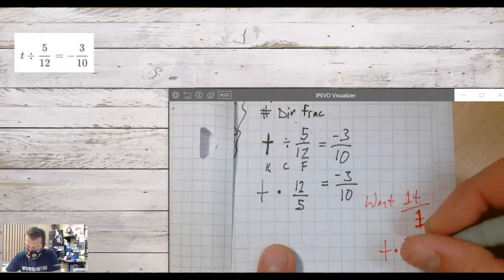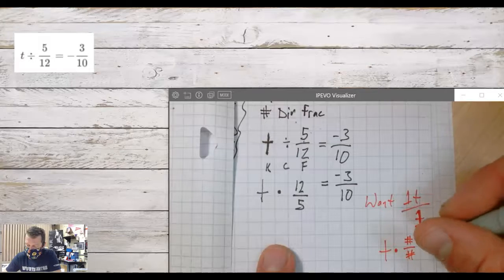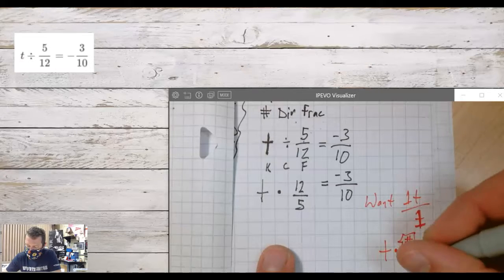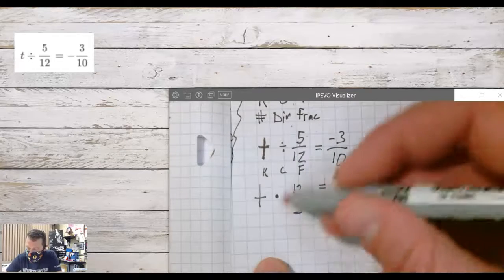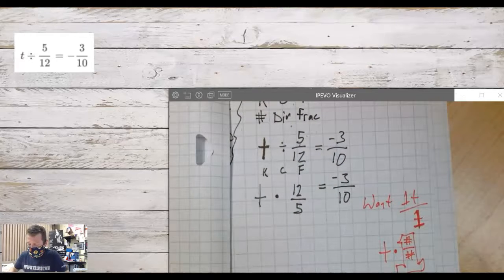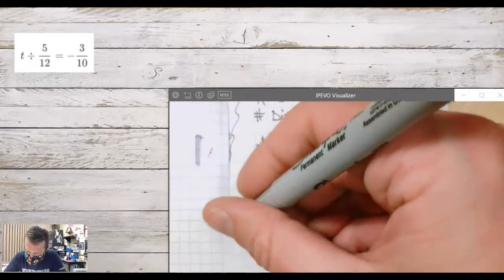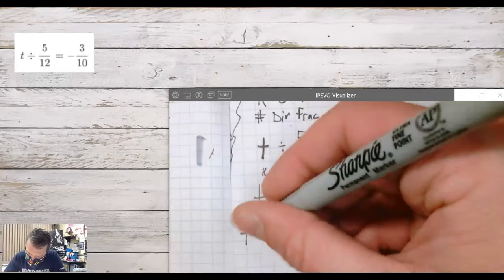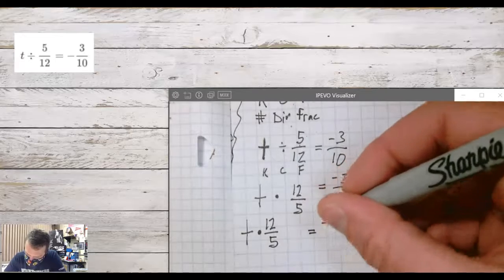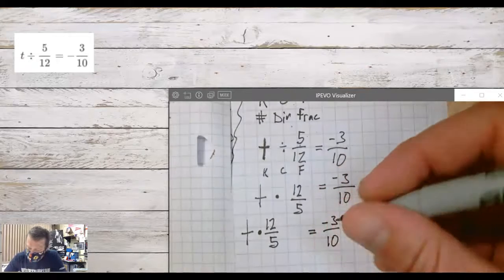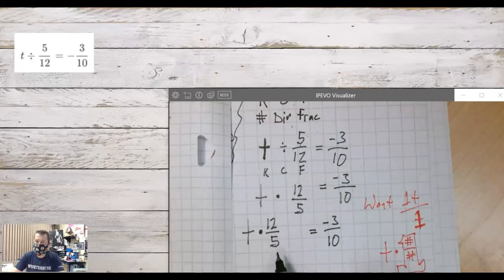So if it multiplies by a fraction, it better be the same number over itself so that it turns into that giant 1. Right, so what we need to do up here, and I'm actually going to write this again so that I have some more space. We have t times 12 over 5.